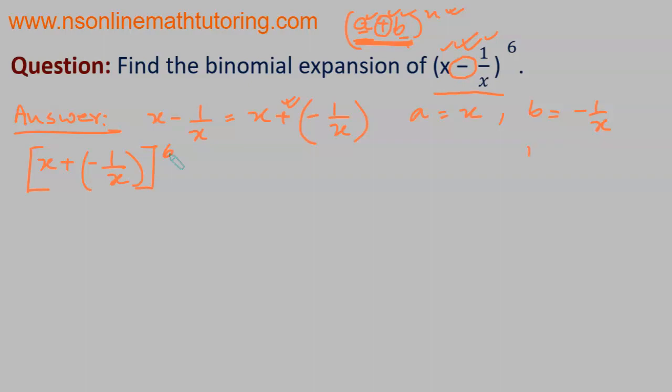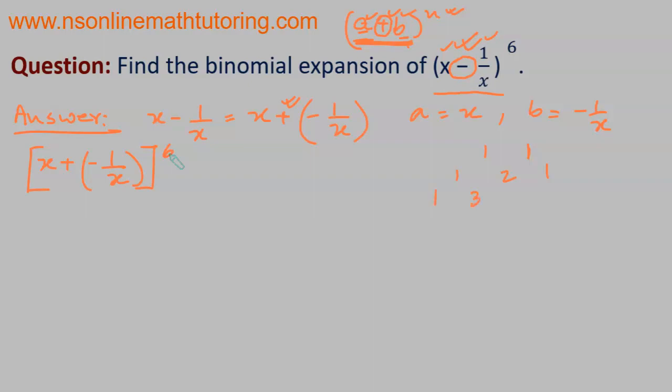So, the first row of the Pascal's triangle, let me start over here. This is corresponding to a plus b raised to the power of 1. Next, 1, 2, 1, this is for a plus b to the power of 2.